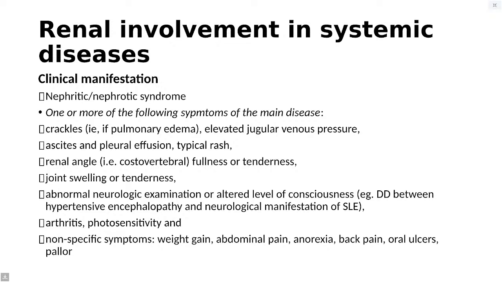We can perform differential diagnosis between hypertensive encephalopathy and neurological manifestation of lupus erythematosus. Also arthritis, photosensitivity, and the last group is non-specific symptoms: weight gain, abdominal pain, anorexia, back pain, oral ulcers, and pallor.